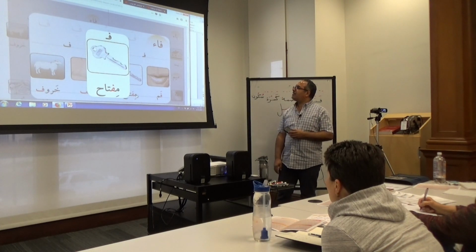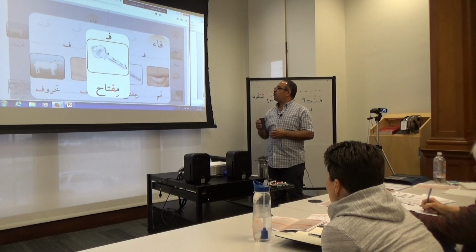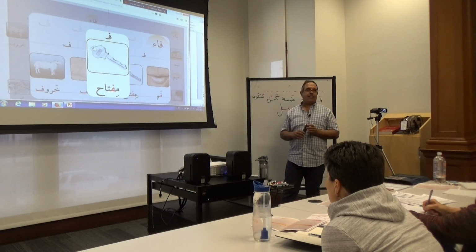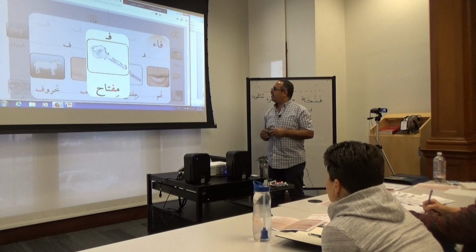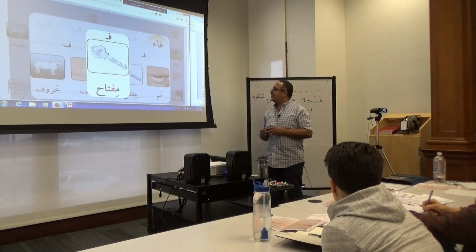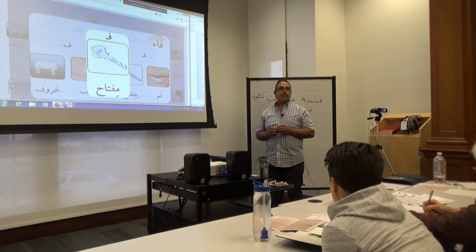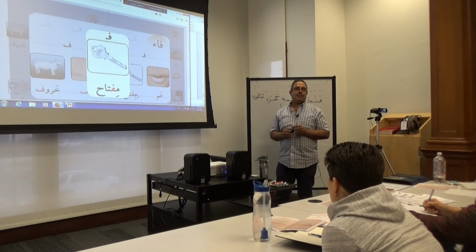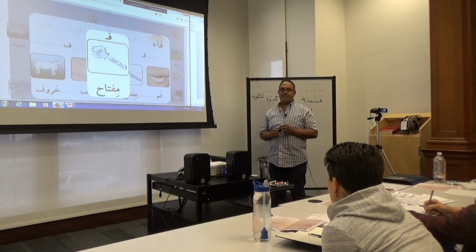This one has 1, 2, 3, 4, 5 letters. And only 1 haraka. What is the first letter? So it's mi. Then we have fa. Good, you guys. So together is what?